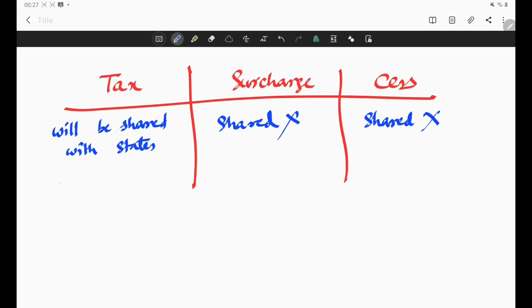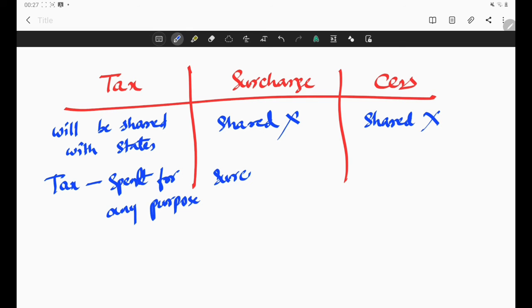If you see another difference, tax can be spent on whatever the government wants. They can spend for any purpose. Surcharge can also be spent for any purpose.